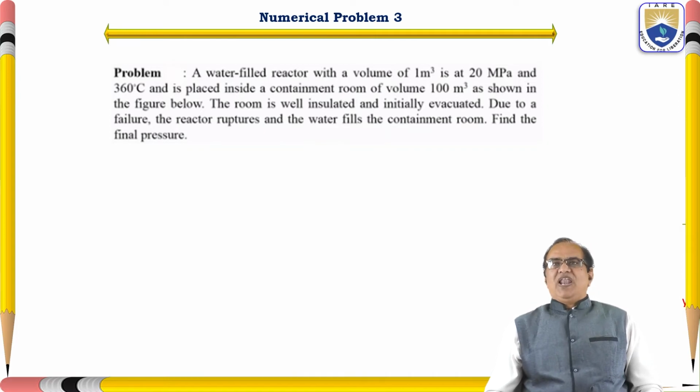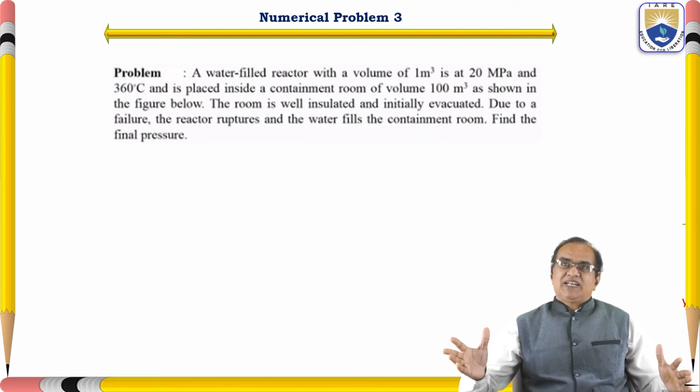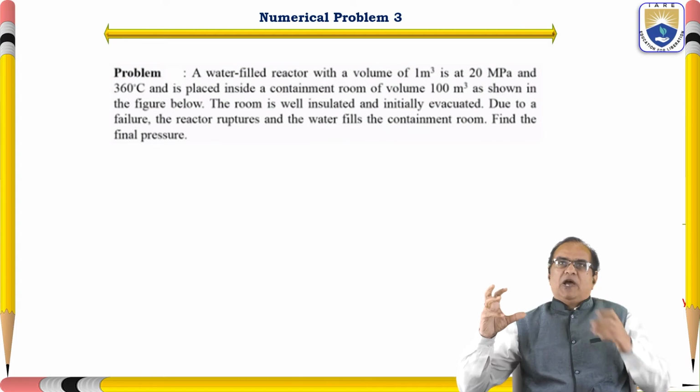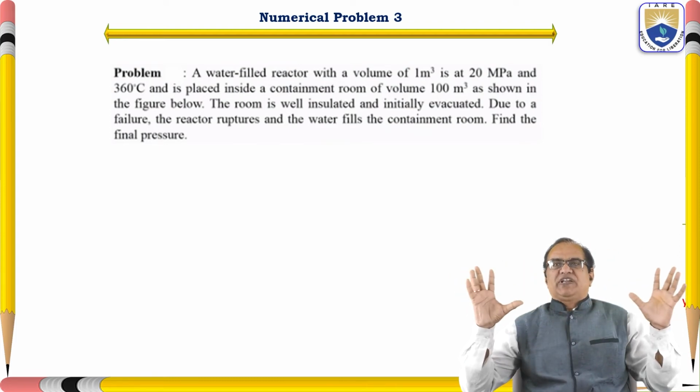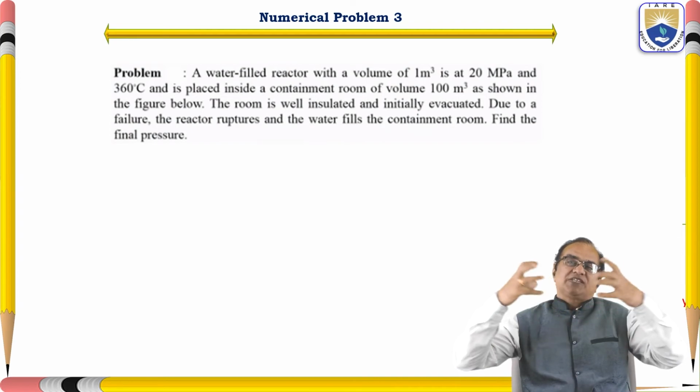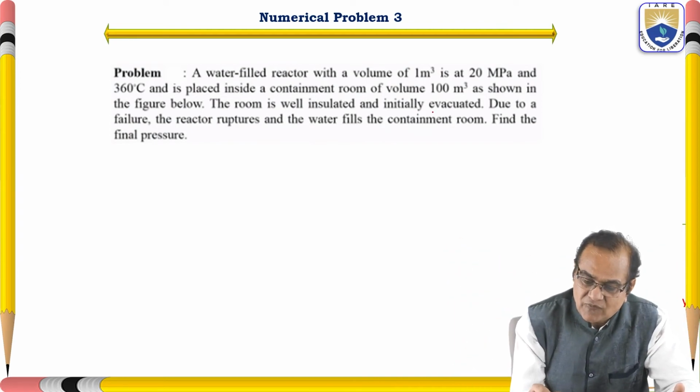The room is well insulated and initially evacuated. Insulated means heat transfer from the room is zero, and evacuated means it is a vacuum, so if expansion takes place, work done is zero.